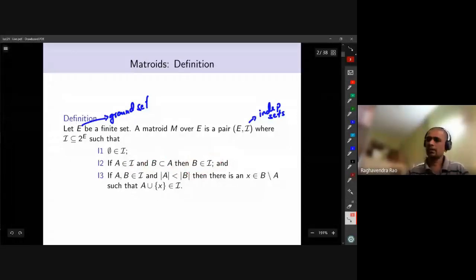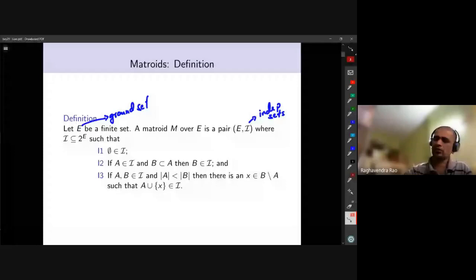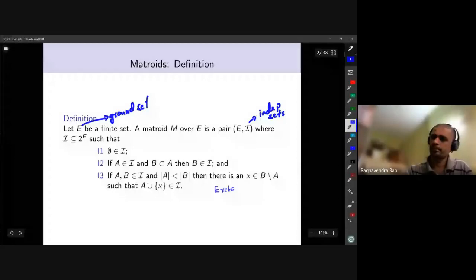The third is the most important property. This is generally referred to as the exchange axiom or exchange property, or in general the matroid exchange axiom.